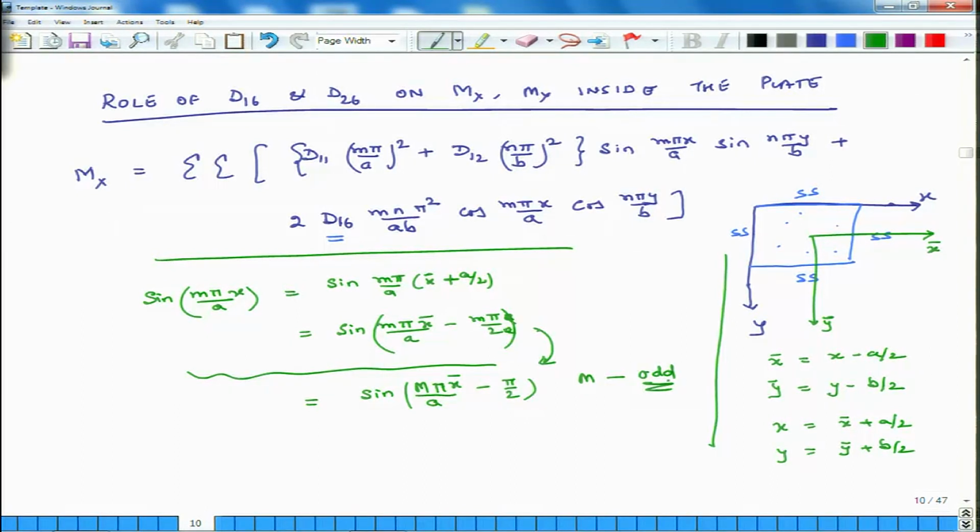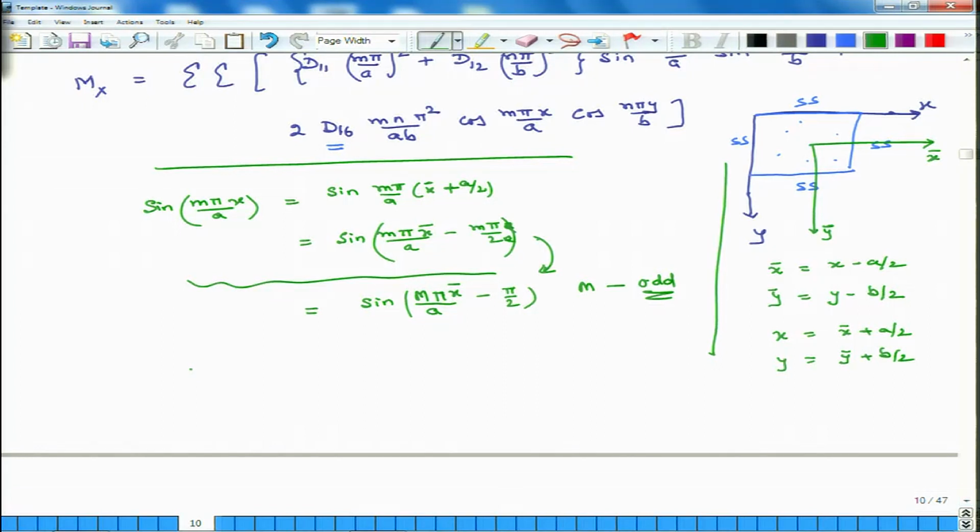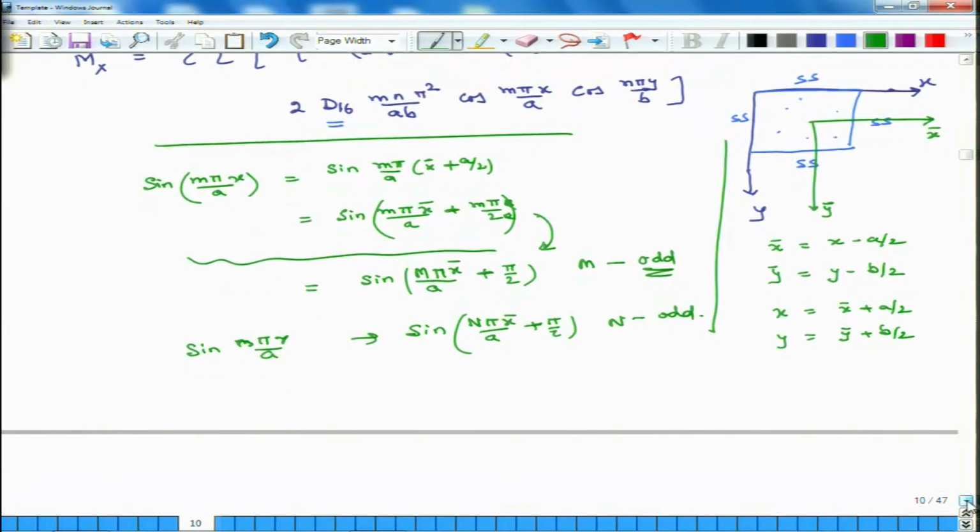Similarly, I have the same transformation for sine n pi y over b. It gets transformed to sine n pi y bar over b minus pi over 2, and here n is odd. And the same thing can be applied to cosine.